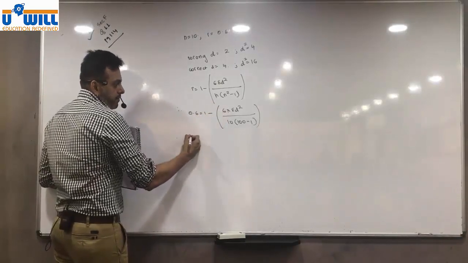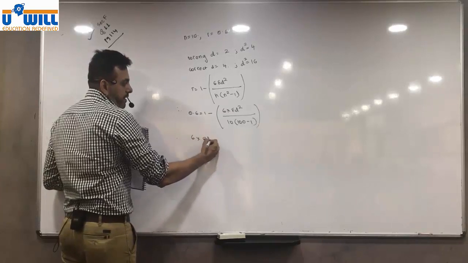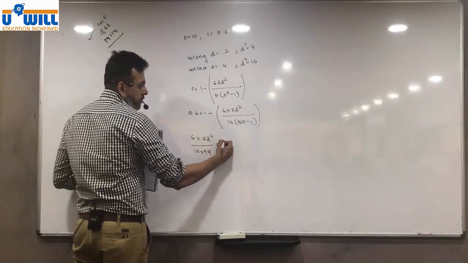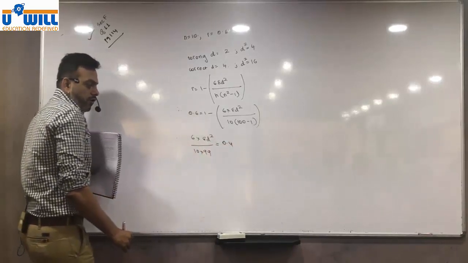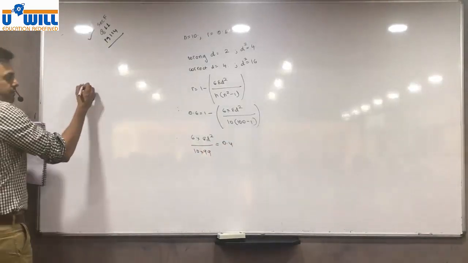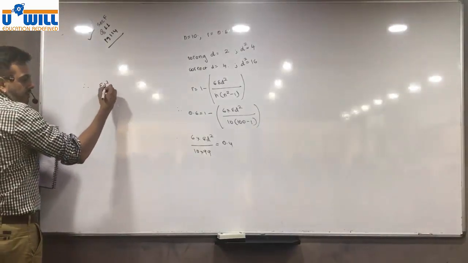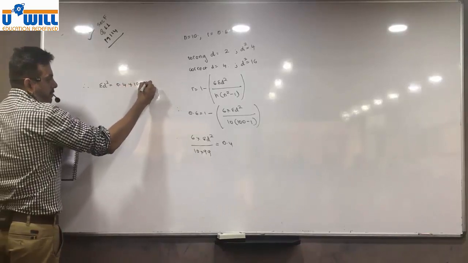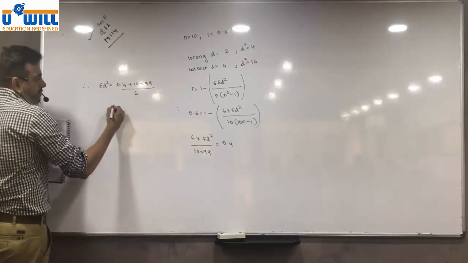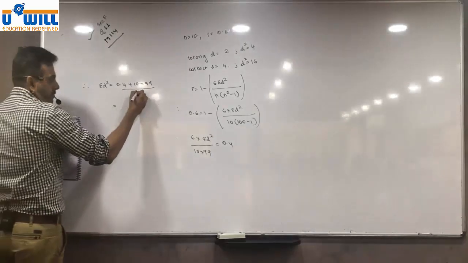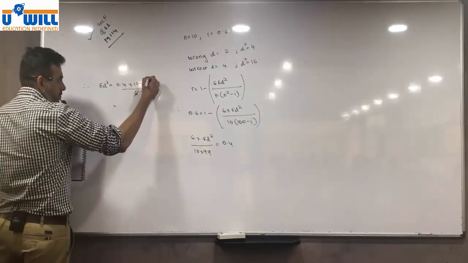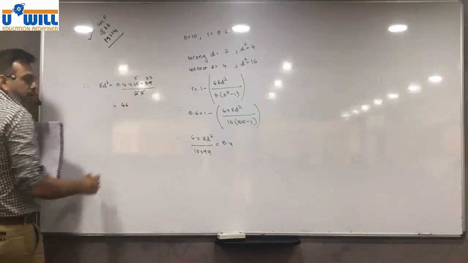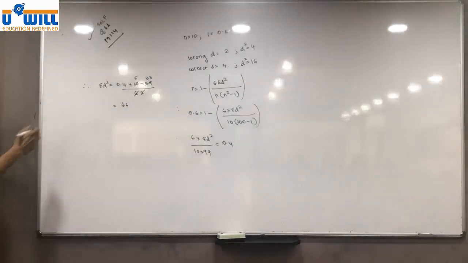So this will become 6 into sigma D square upon 10 into 99 is equal to 0.4. Cross multiply. Therefore, sigma D square is equal to 0.4 into 10 into 99 upon 6, 66.